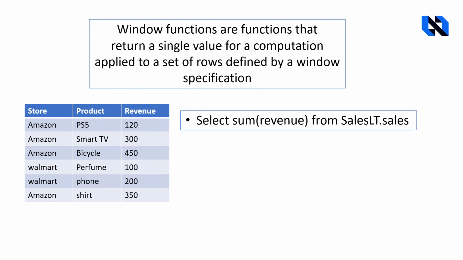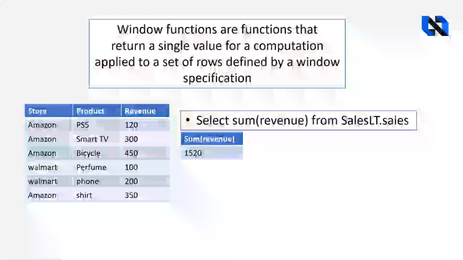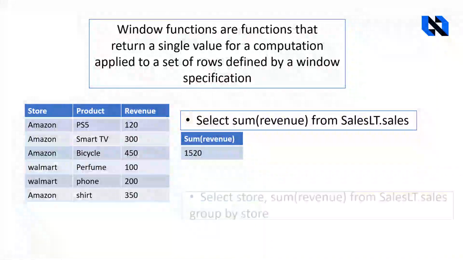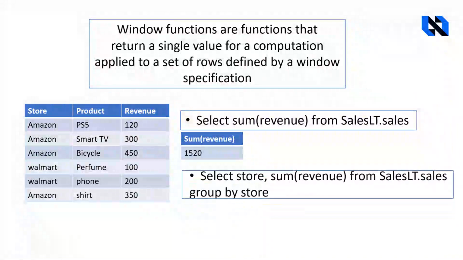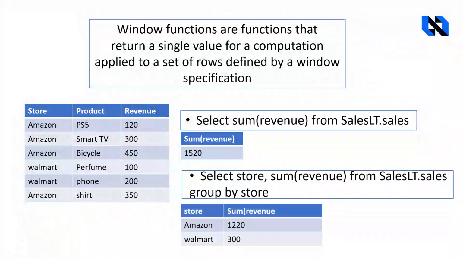This would return a single value of the sum of the revenue. If I wanted to get the sum of the revenue for each store, I would have to group by each store, and this will give me the revenue generated for each store.